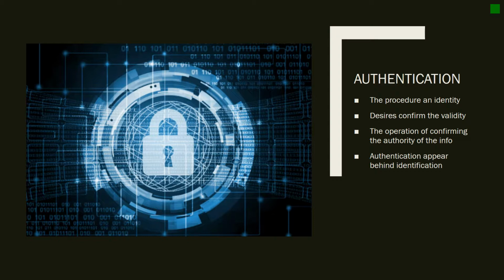Authentication usually occurs after identification is complete, such as when you supply a password to support a username during the login process. It can happen, however, at the same time as the identification process.